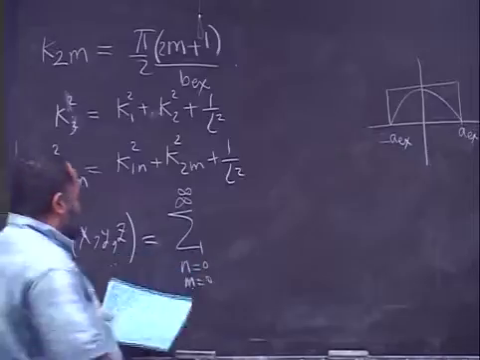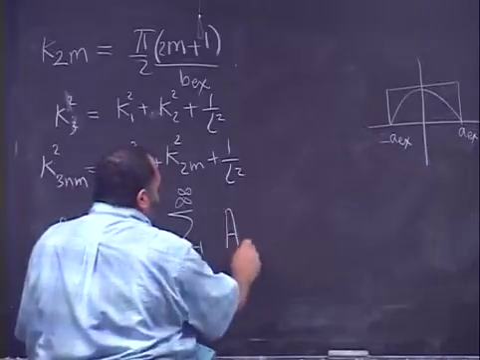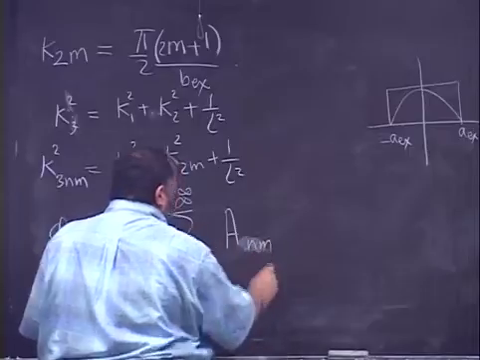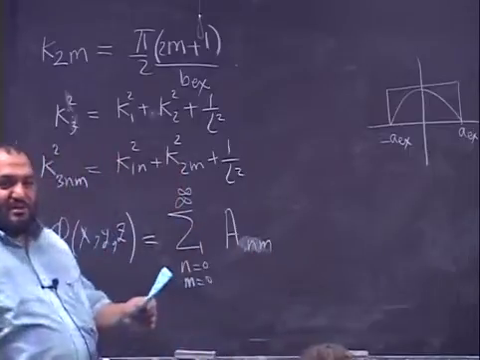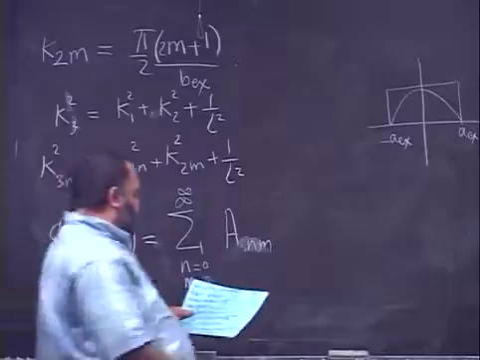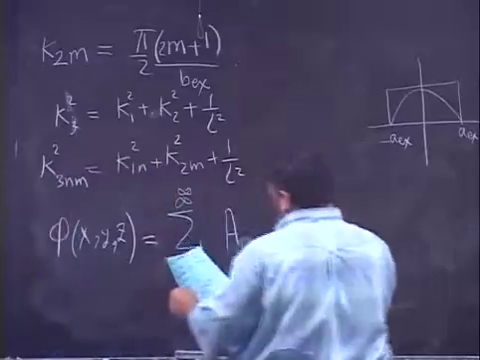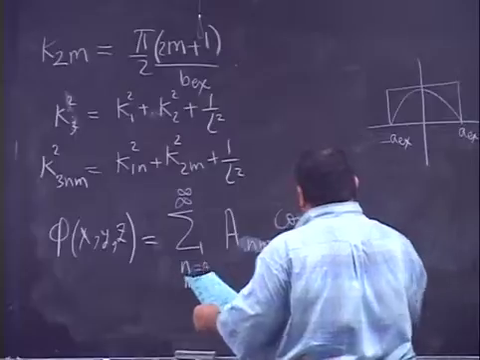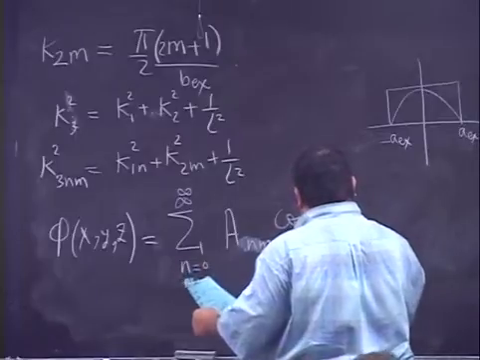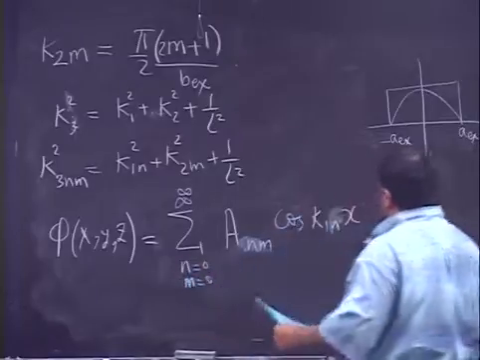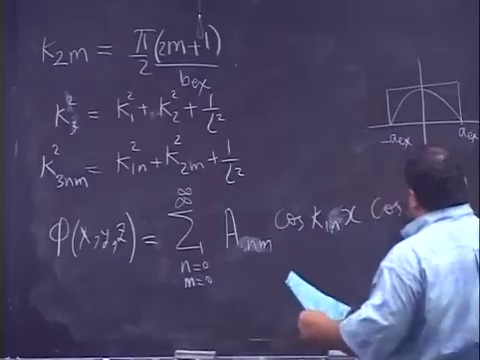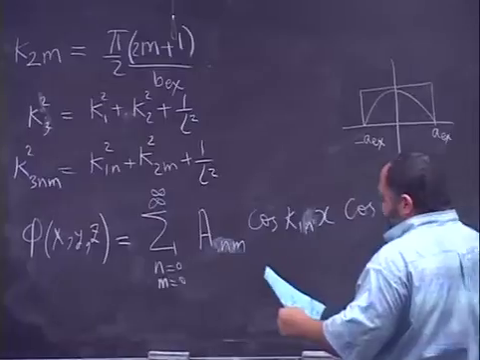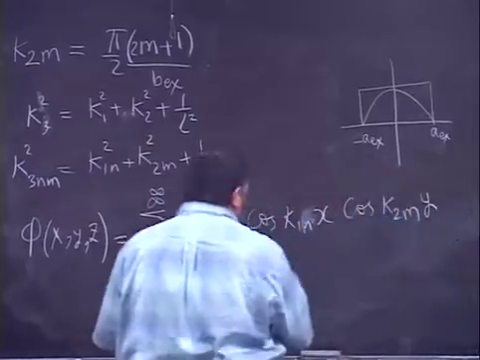The summation here. So now the coefficient will be Amn, because it also depends on this value. So this will give me cosine k1n, and this is in the direction of x, multiplied by cosine k2m in the direction of y, but all of this is multiplied by what?